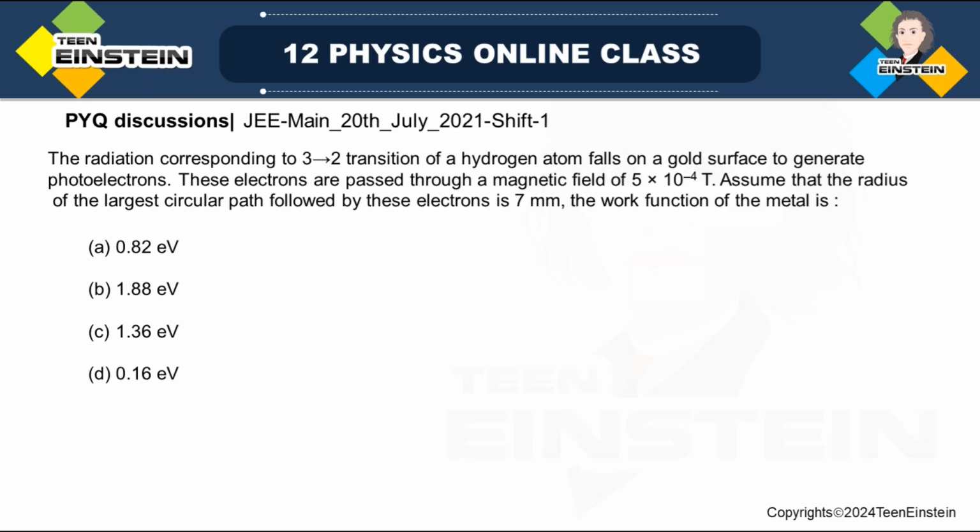This problem is very, very interesting. This problem is actually from photoelectric effect combined with hydrogen atom or atomic nuclei. So the question says the radiation corresponding to 2 to 3 transition of hydrogen atom. So if I have levels like this, at least I have 1, 2, 2 and 3.